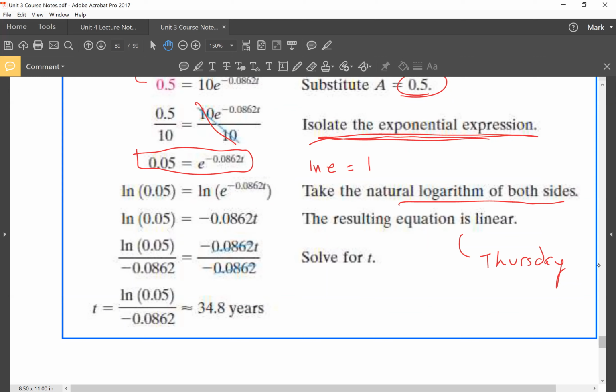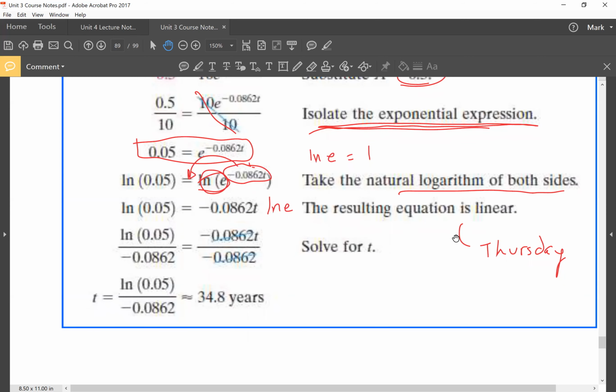What we're going to do is move this exponent down front. You might be wondering, if we move it down front, what happened to ln e? Well, ln e is just equal to 1. But you don't actually even need to worry about that. You can still put all this in on your calculator. I'm going to show you this in a few minutes anyway, when we do a practice problem.